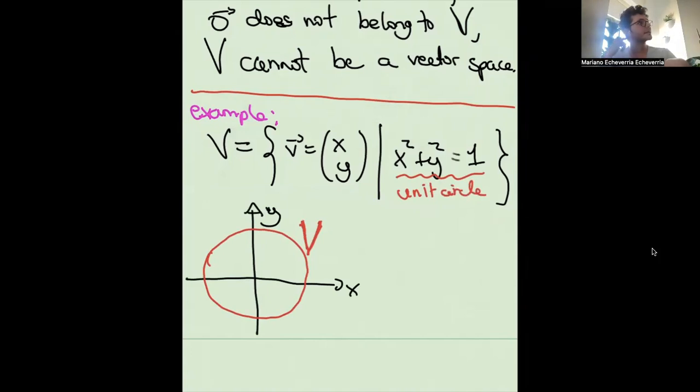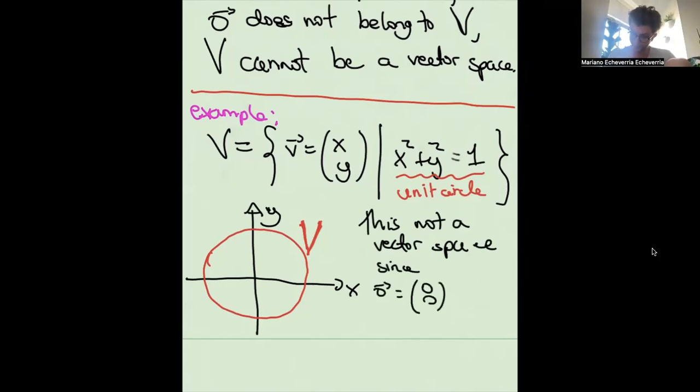So my claim is that this is not a vector space, because the vector (0, 0), which is the zero vector, is not on the unit circle, right? So this is not a vector space since (0, 0) is not on the unit circle.